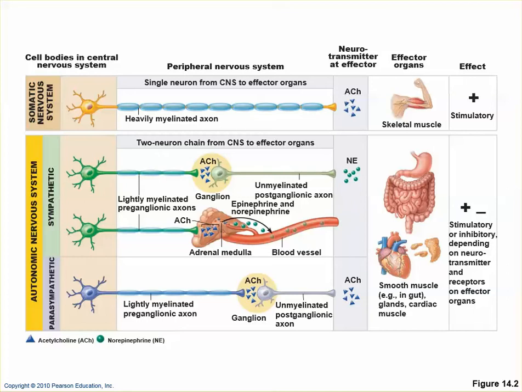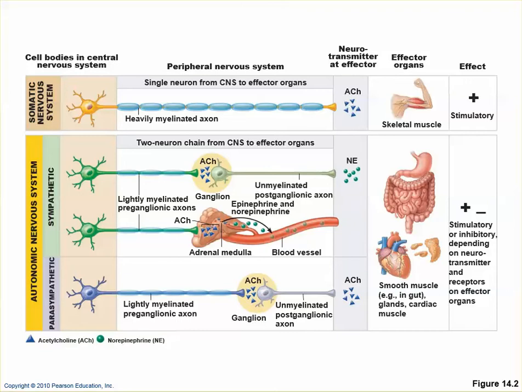Really, when you look at what comes from the central nervous system, the cell bodies, all four motor neurons are very much alike. When you start to look in the periphery, the axons, the somatic, heavily myelinated, releases ACh, acetylcholine, and is stimulatory.